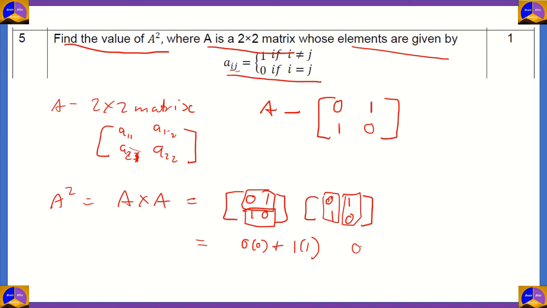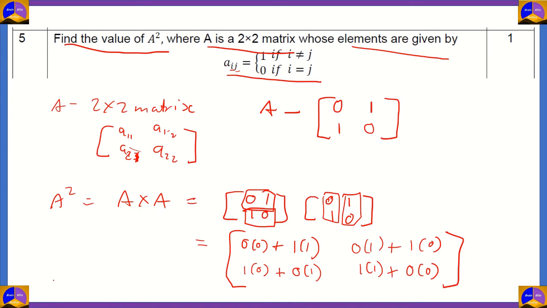Then it will be 0 times 1 plus 1 times 0. Over here, it will be 1 times 0 plus 0 times 1. Then it will be 1 times 1 plus 0 times 0. So this is how you multiply matrices.